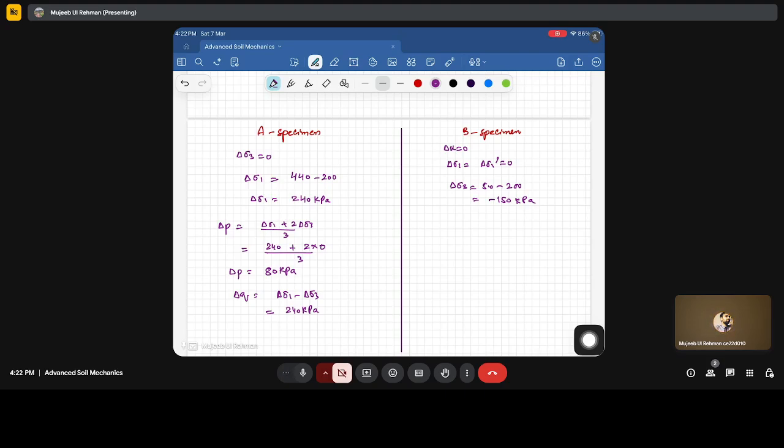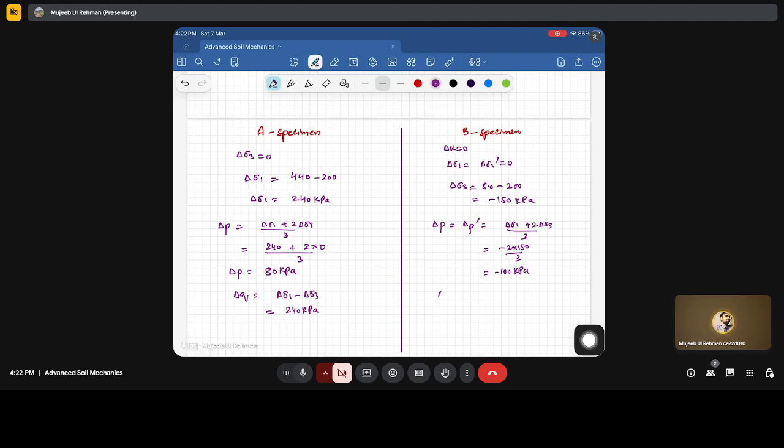Now similarly for specimen B, delta P will be equivalent to delta P dash, equal to delta sigma 1 plus 2 times delta sigma 3, divided by 3. So delta sigma 1 is 0. This is minus 2 into 150 divided by 3, which is minus 300 by 3, so minus 100 kPa.